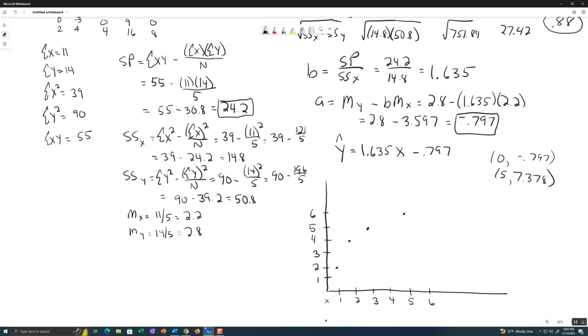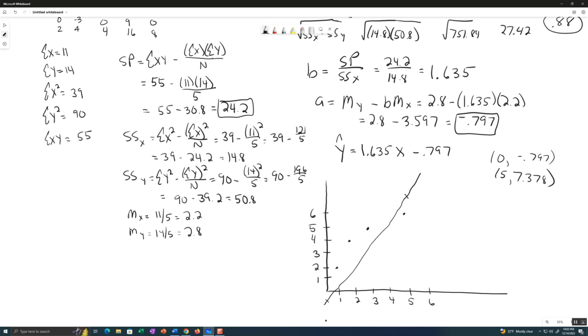So find 5 and 7 up here, so it's kind of up here. And then connect those 2 points the best you can. And on the tablet, it's hard to draw a straight line. But something like that. That's your regression line.